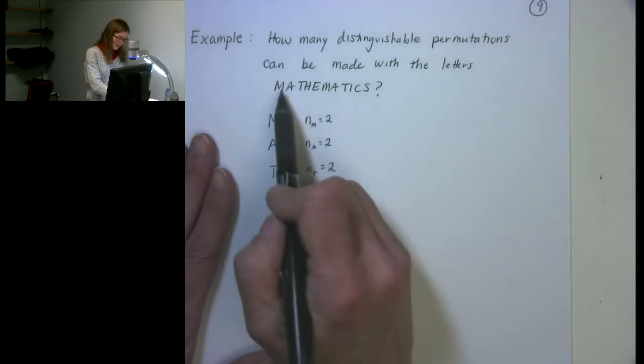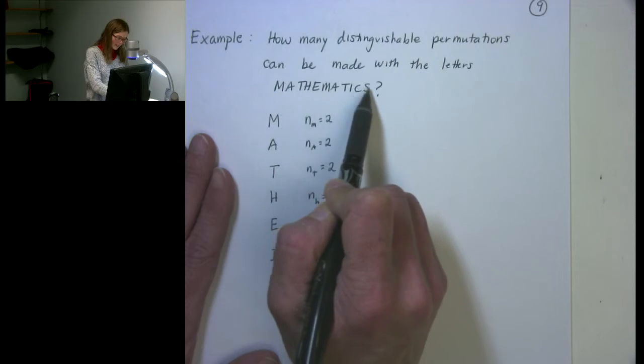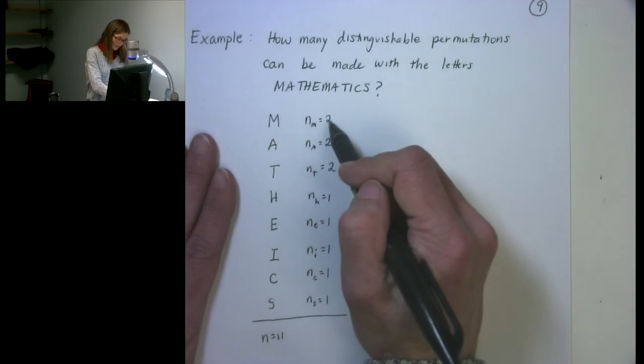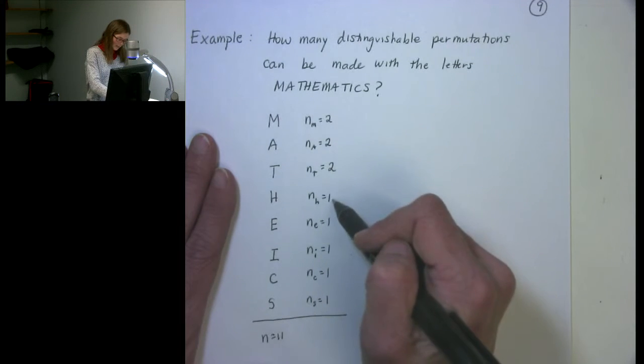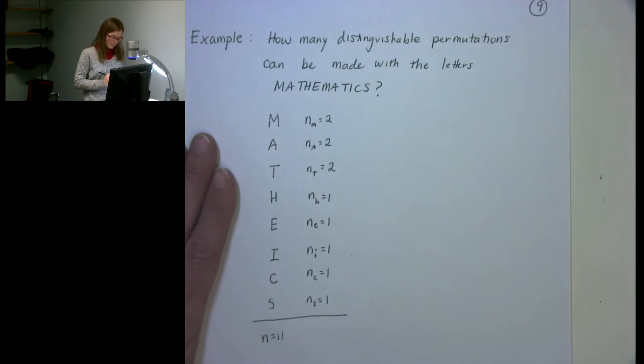So just looking here, we've got 1, 2, 3, 4, 5, 6, 7, 8, 9, 10, 11 total letters. So our n is 11, and if I add these up, we've got 2, 4, 6, 7, 8, 9, 10, 11. The sum of these does in fact add up to my total size.